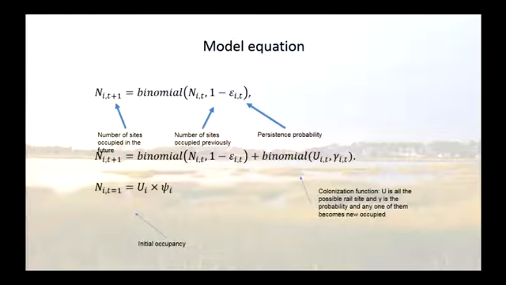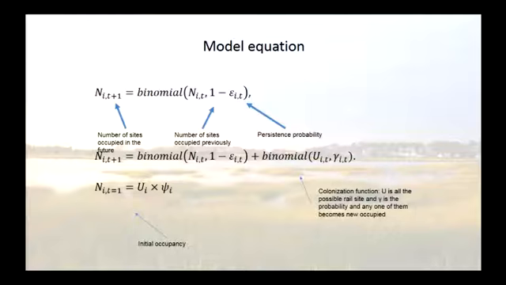So we then incorporated this colonization component, where a second portion of this equation was that the number of sites occupied in the future was that number occupied in the past that remain occupied, plus the number of sites from your total universe of sites that get colonized in a specific year. So this funky Y is your colonization probability.